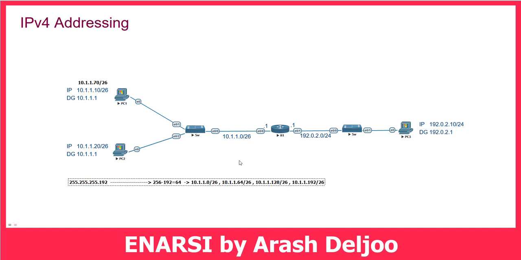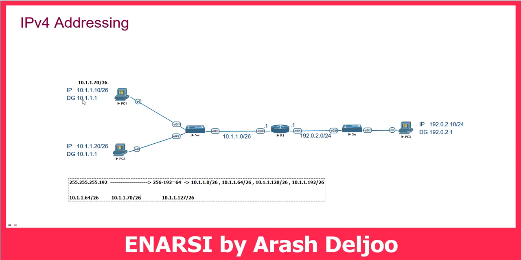As you can see, this IP address 70 is residing in this range, because in 10.1.1.64/26, this is the network number, and the broadcast address of this network is 10.1.1.127/26. We can say that this IP address, 10.1.1.70/26, is residing in this network. Because of that, the network address is 10.1.1.64/26.